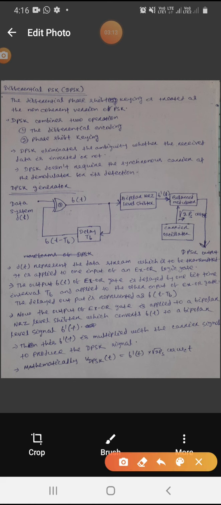See the diagram. Here the input is B(t) and the output of the bipolar NRZ level shifter is B'(t), and it is a bipolar level signal.